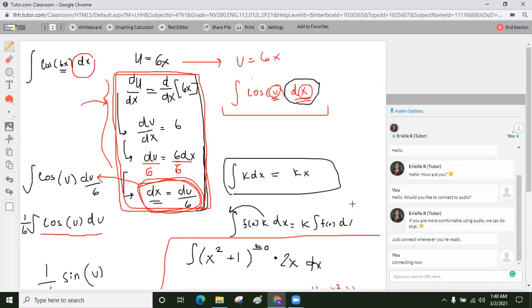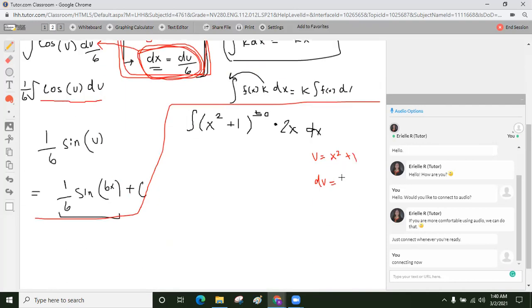So this would be 2x dx. Okay. And then, of course, we can divide by 2x. So dx is written now in terms of du.